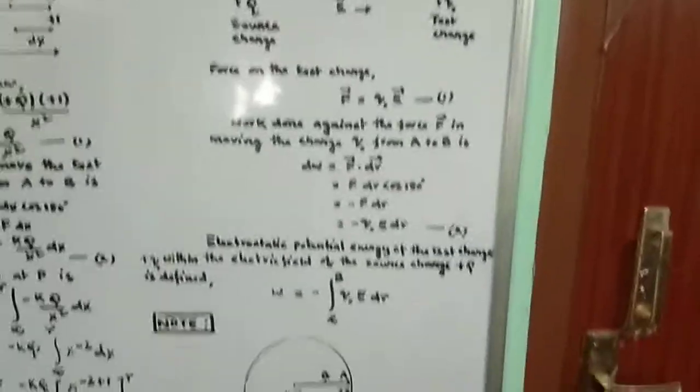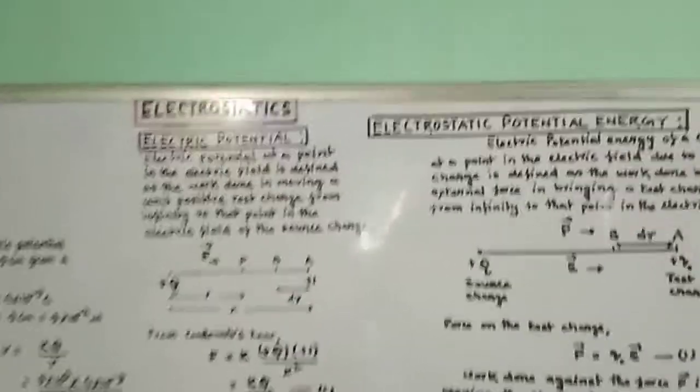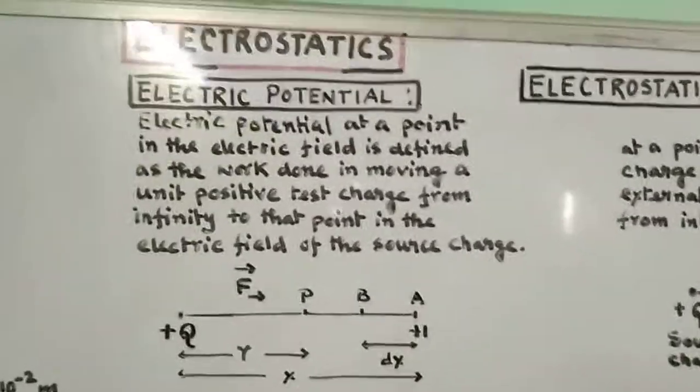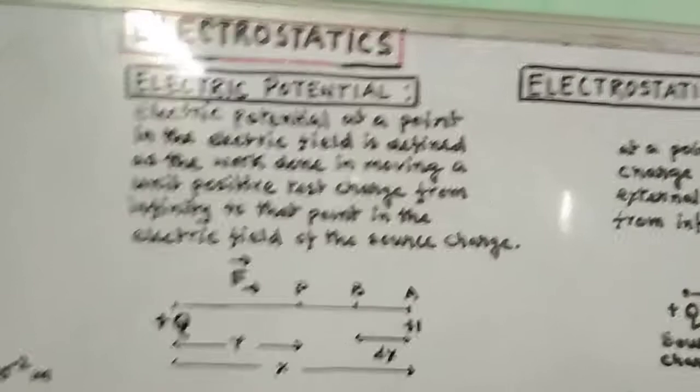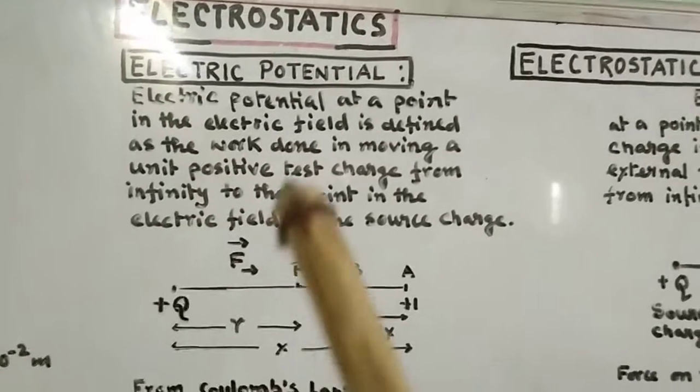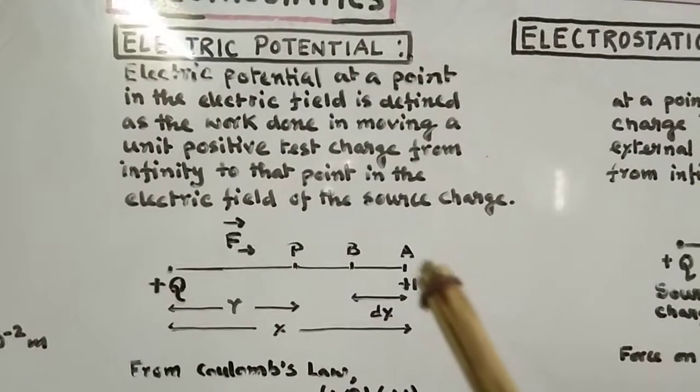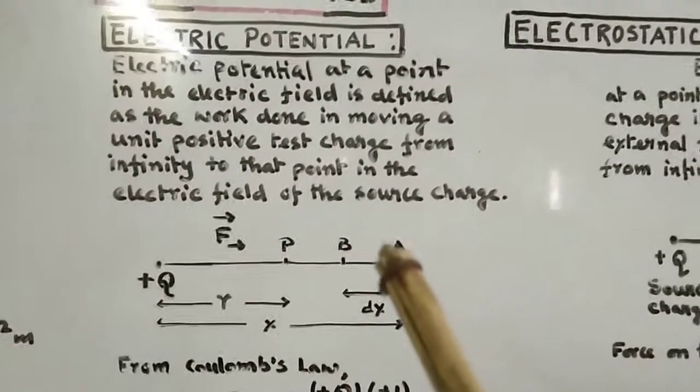Now let me go for this topic, electrostatic potential or electric potential. This one is your electrostatic potential energy and this is your electric potential. Now see the definition and see this figure. This is your source charge and A and B two points as previously.